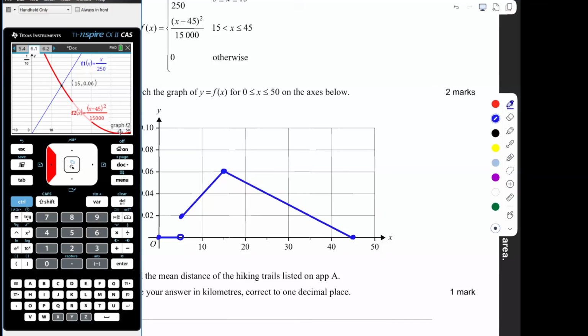Now I'd like to see a nice curve. You get a nice quadratic function, something like this. And don't forget about the continuing part, which is a flat line from 45, 0 to 50, 0.